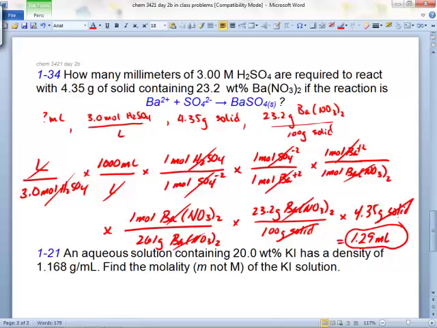You should write the whole thing: 1.29 mils of the 3 molar H2SO4 solution. So again, starting out, just try to make stuff as visual as you can, and then try to find what you're looking for, and thereafter mils of that solution. So that's why we started out where we did, and we flipped it.